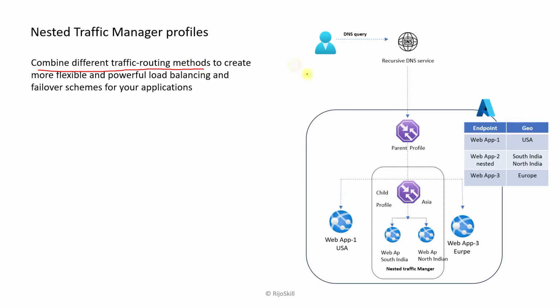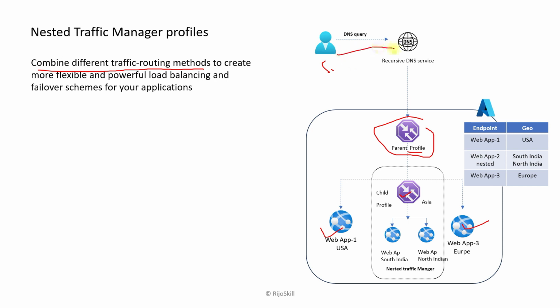So here you can see the diagram. There are three endpoints: endpoint 1, endpoint 2, endpoint 3. This is the Traffic Manager parent profile. For example, a request comes in saying I need to connect with South India, for example South India for Asia.